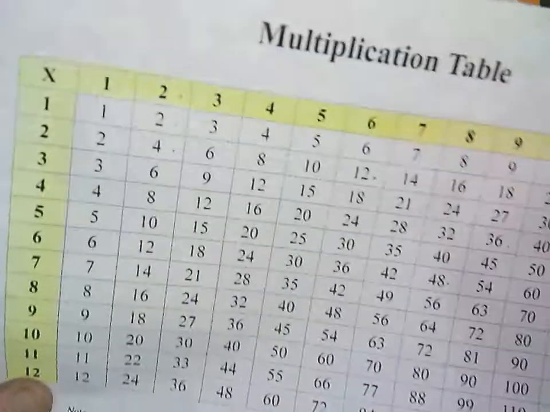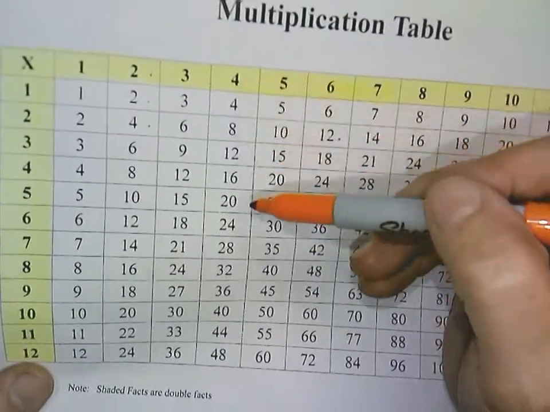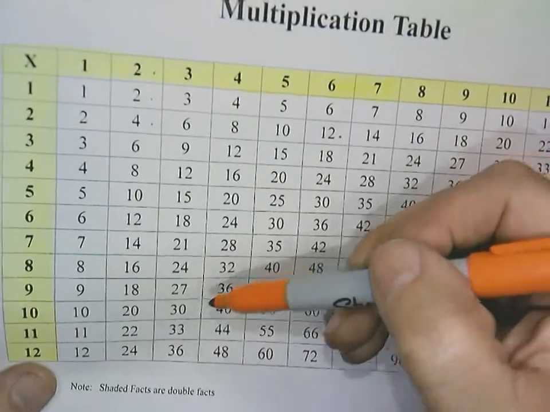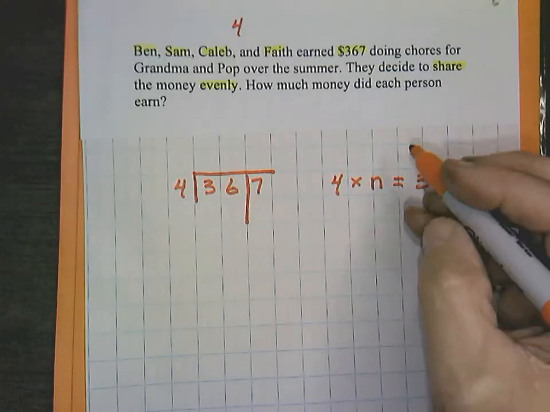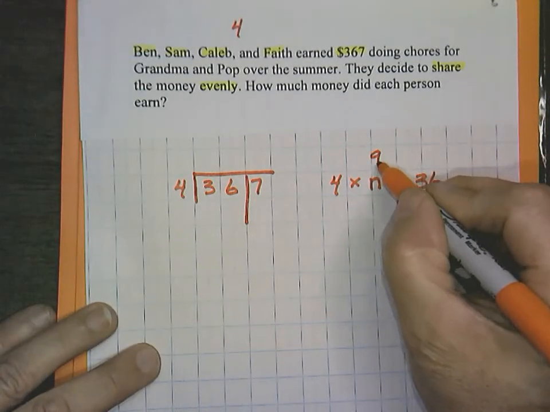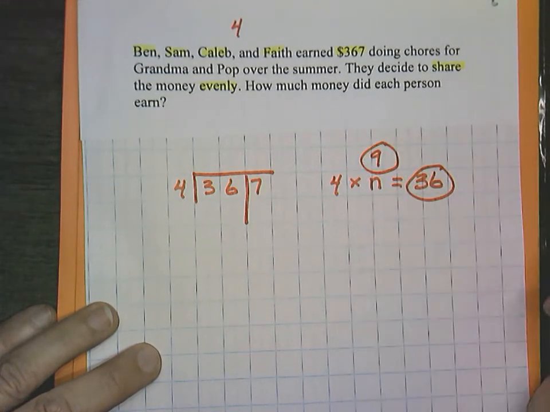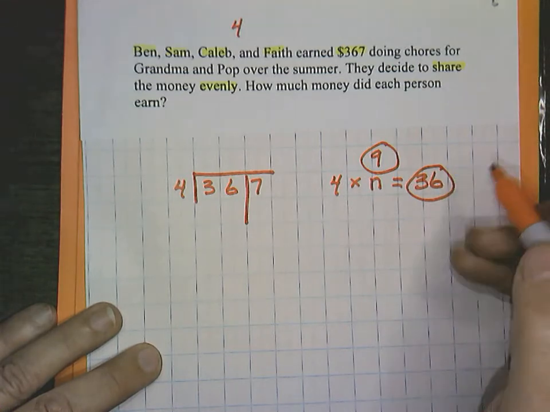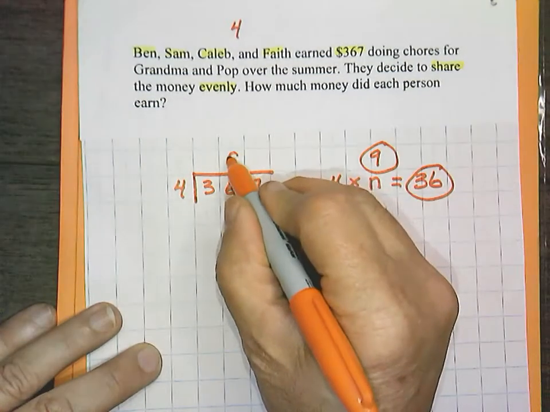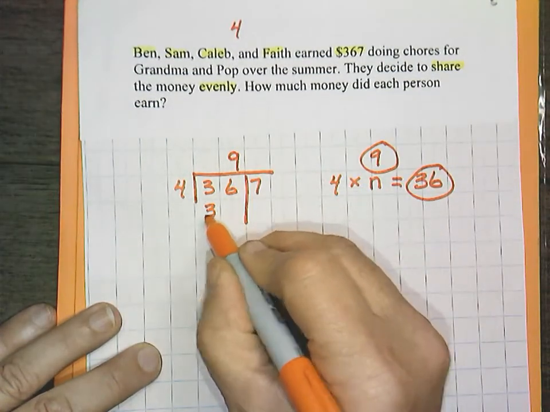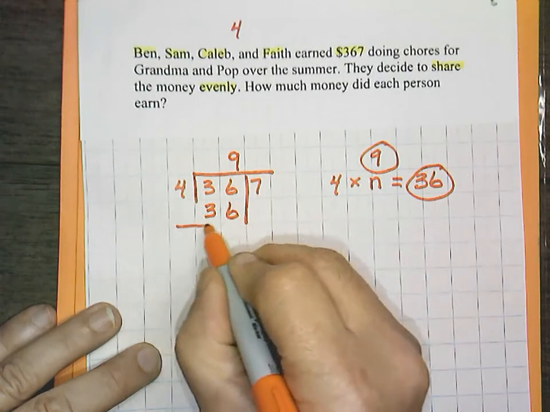Look at our 4, and there's 36, and notice that would be 9. So 4 times 9 is 36. So I circle both and use both numbers. 9 goes up here, and 36 right there, okay?